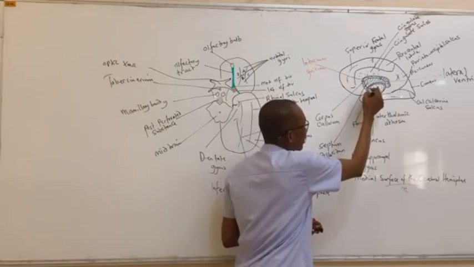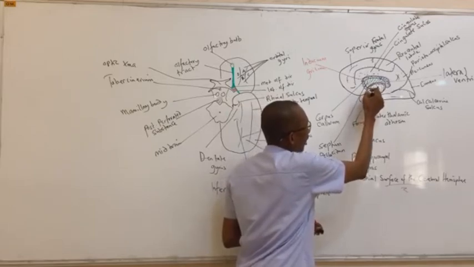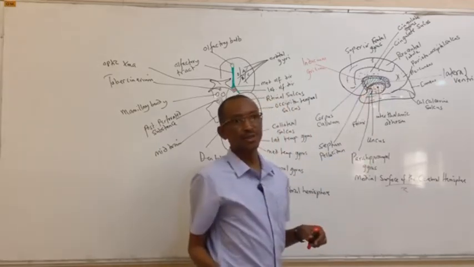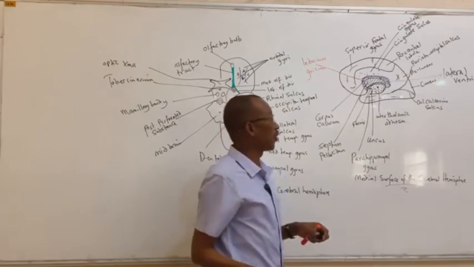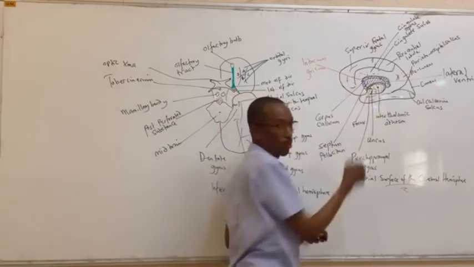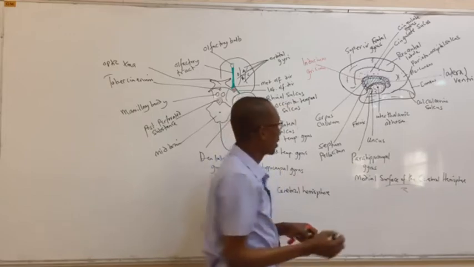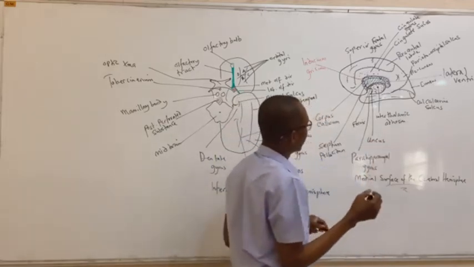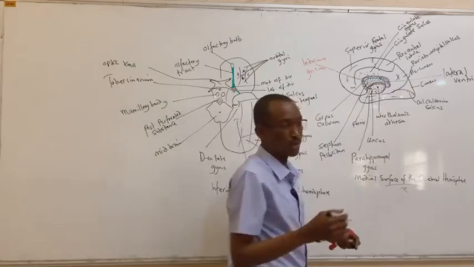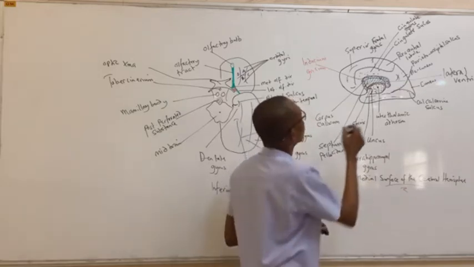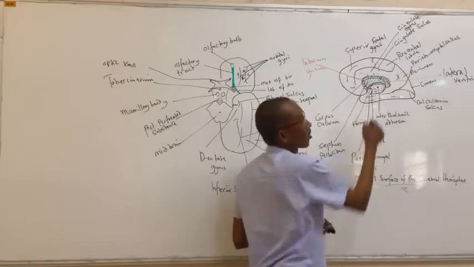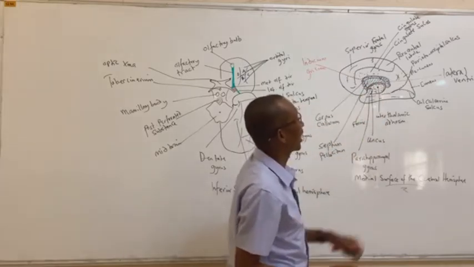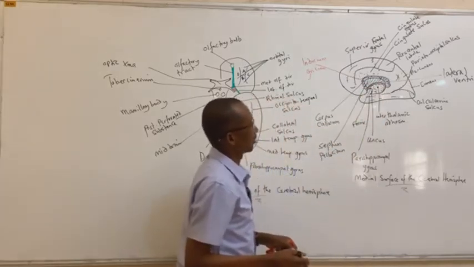That extension of the temporal lobe just immediately behind the lateral sulcus of Sylvius is what we call the uncus. This uncus is part of the olfactory system that we are going to discuss later on. So we have now seen the uncus that is also present on the medial side of the cerebral hemisphere.